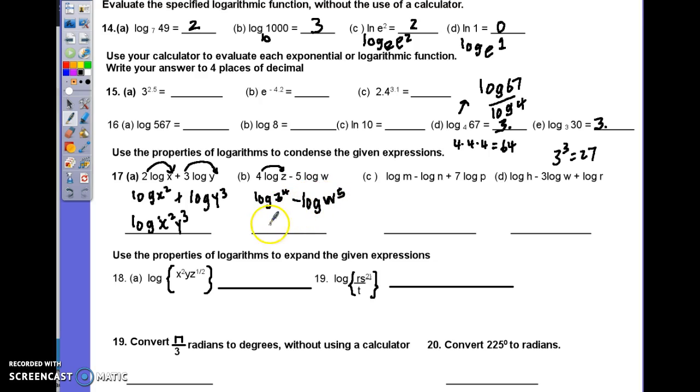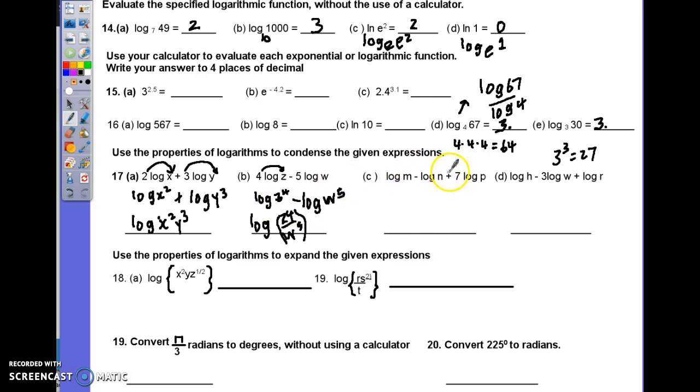And now we use the quotient property, which looks like this: log z to the 4th over w to the 5th. Okay, that's condensing, bringing it into one logarithm from it being 2.